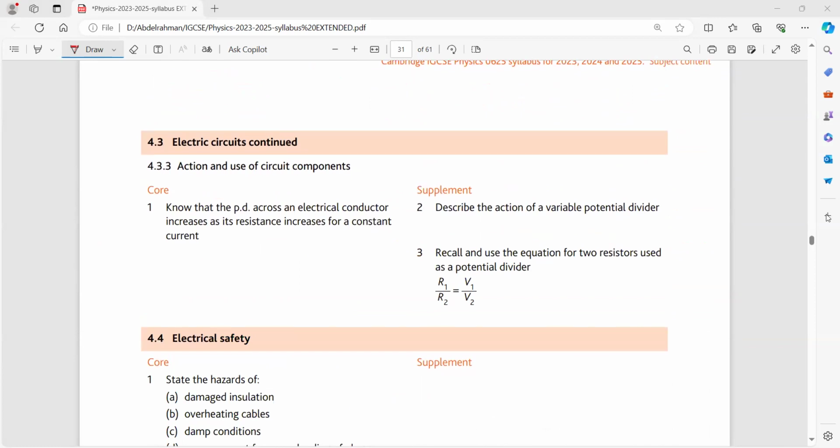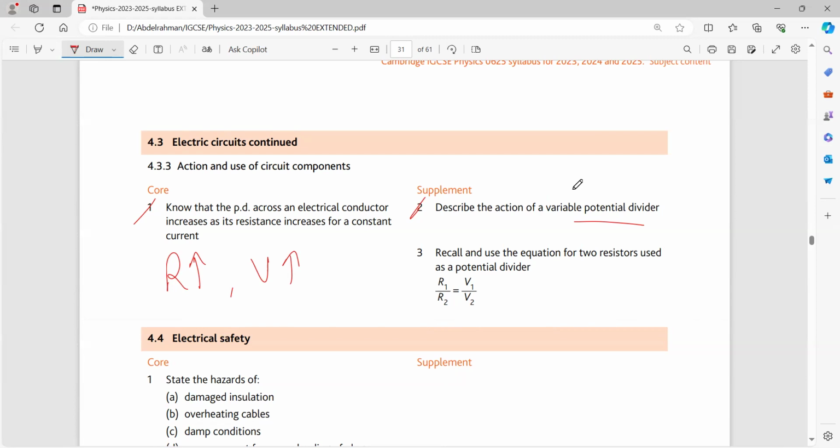Know that the potential difference across an electrical conductor increases as the resistance increases. Yes, as the resistance increases, the voltage also increases. Potential divider: what does it do? It literally divides the potential difference, the voltage, onto the different devices we have.